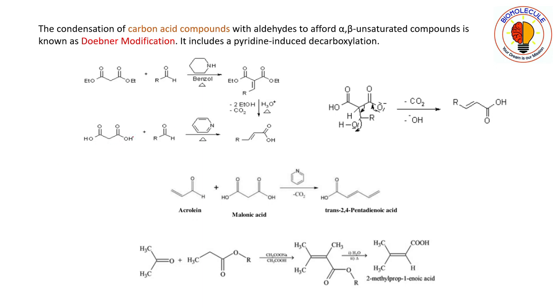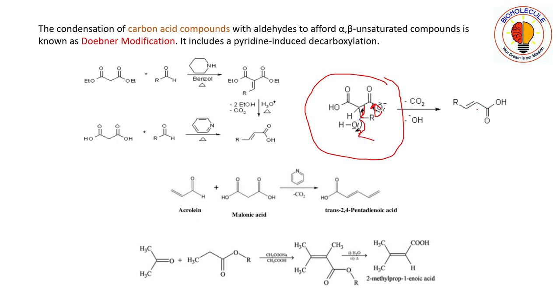So you can see over here, this is the compound. Here O minus forms this carbon oxygen double bond, and then this bond cleaves over here to give a carbon carbon double bond, and this OH leaves.